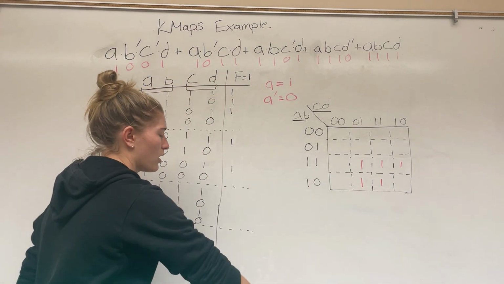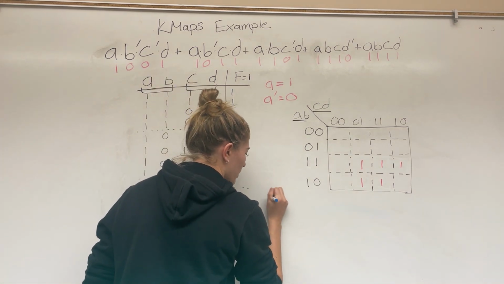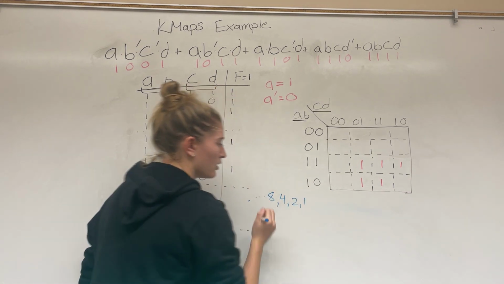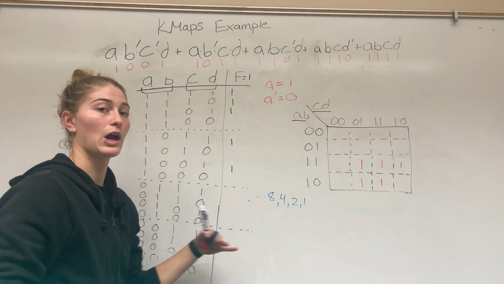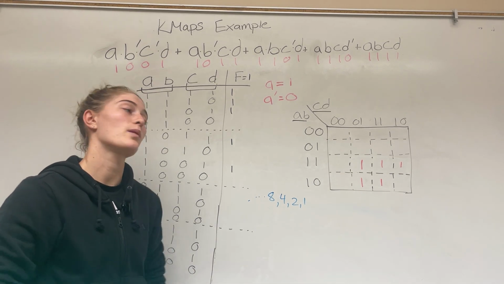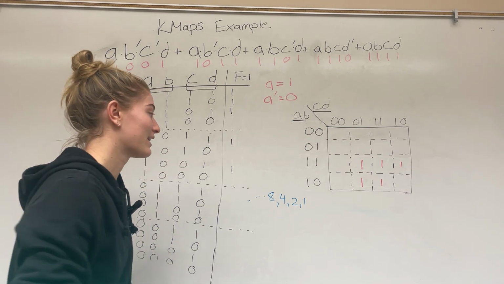Now that we have this drawn out on our K-map, we're going to be looking for groupings. The bigger the grouping, the better. Groupings follow this pattern, with 1 being our smallest, and it'll go up past 8. In this class and your next classes in college, you probably won't go past 8, but if you do, have fun with it. That'll be a really big K-map.